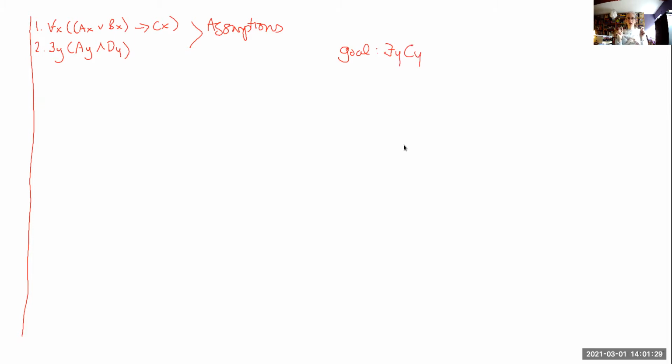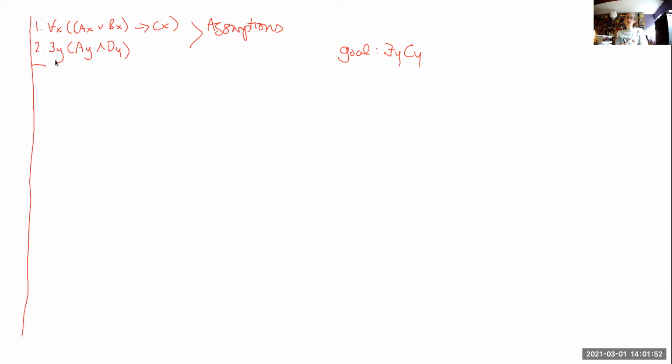Now, before you get started, it's really useful to look at what your premises are saying and what your goal is saying, and then work from there. So this one says anything, if it's either A or B, then it's C. So every apple or banana is a fruit. You could think of it as saying something like that.